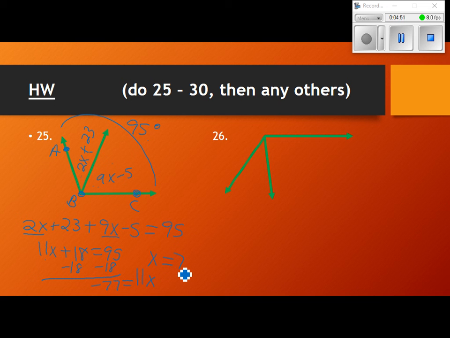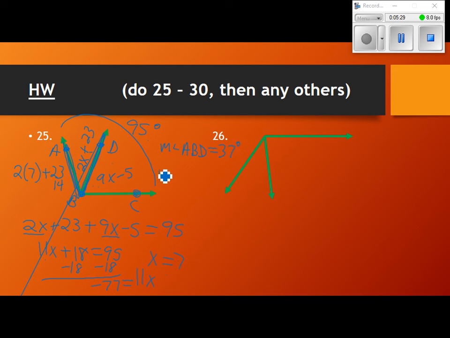They ask us to find the two angles. They said find the measure of angle ABD. Angle ABD, D should be right here, is this angle. So we're just going to plug that in. 7 in for x, so you get 2 times 7 plus 23, that's 14 plus 23, which is 37, so that angle's 37 degrees.